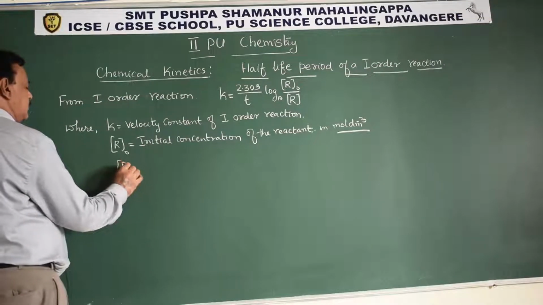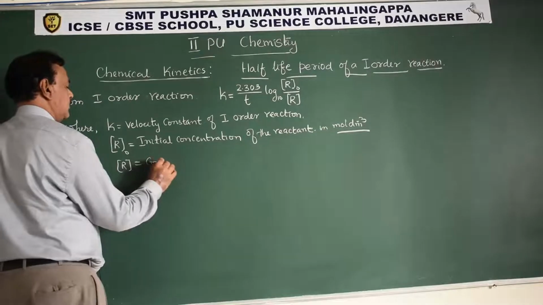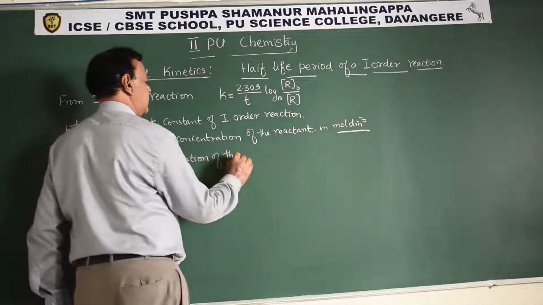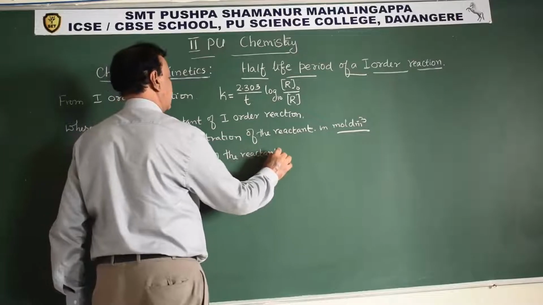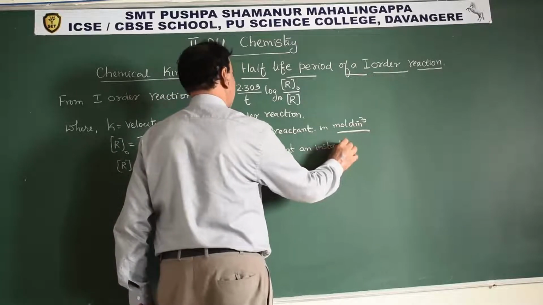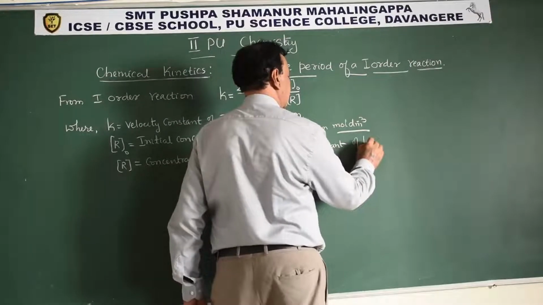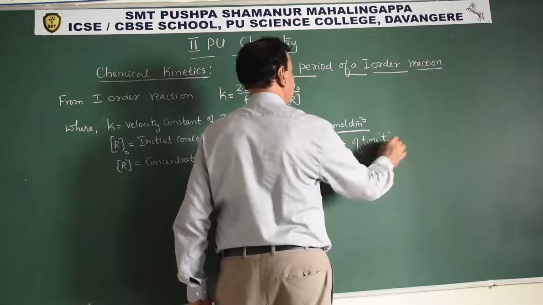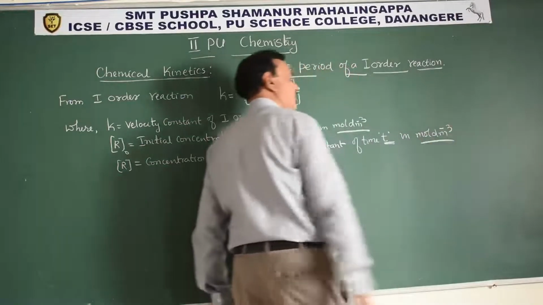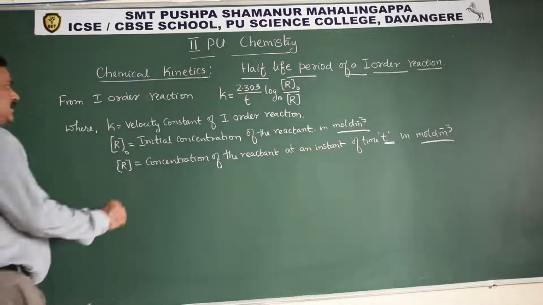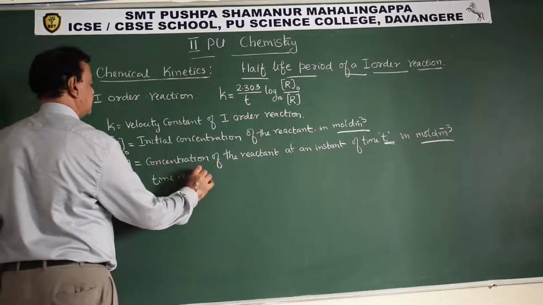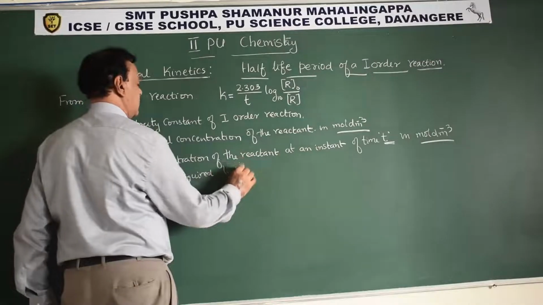R is equal to the concentration of the reactant at an instant of time t, that is also in moles per liter, whereas T is equal to the time required to bring about the change.